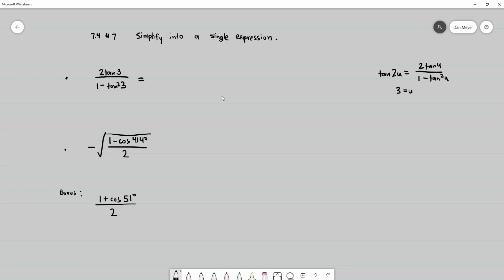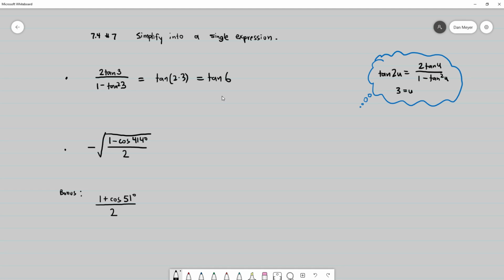So that will be tangent of 2 times 3, which is tangent of 6. See, there's not a whole lot of work to do on these problems, because this is all thought bubble stuff. We're thinking, hey, this is the double angle formula for tangent, and 3 is playing the role of u in that formula.